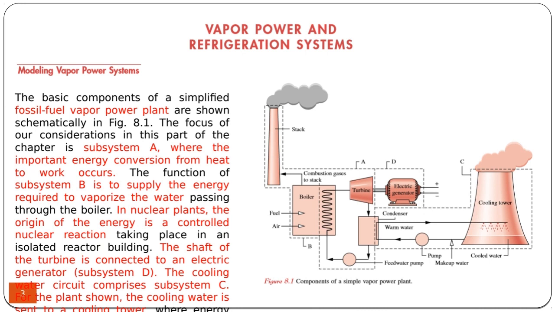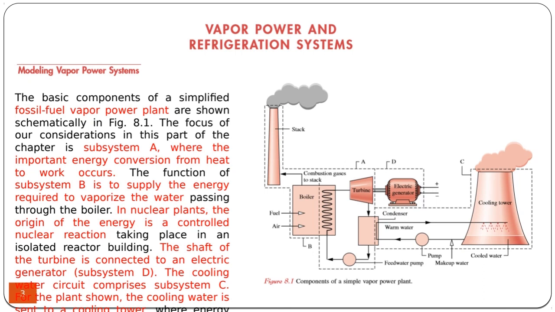So remember that we have seen a power plant in the beginning of the course. A power plant is a special plant that generates energy, electrical energy, and mostly using one of the power cycles, such as a vapor cycle. In a vapor cycle, remember that we have four elements.